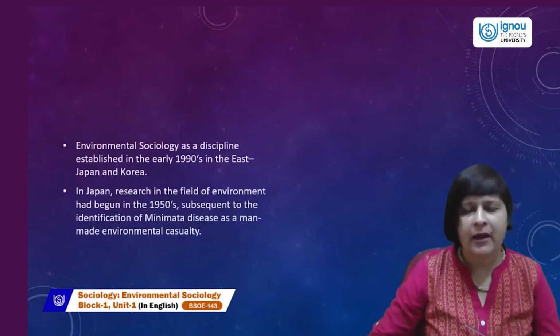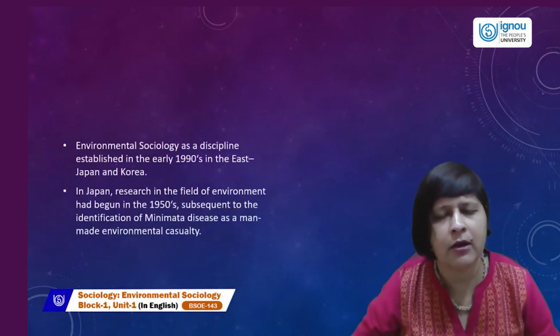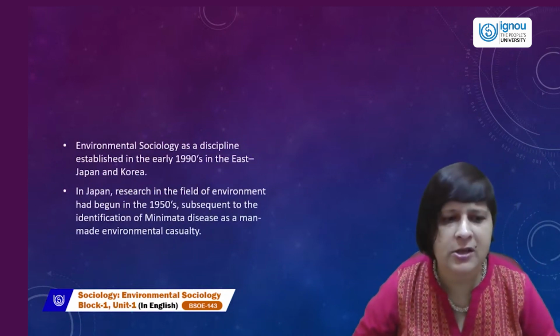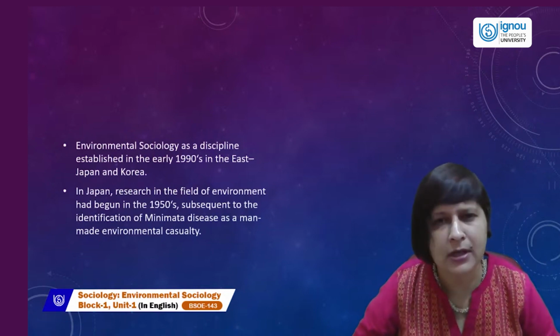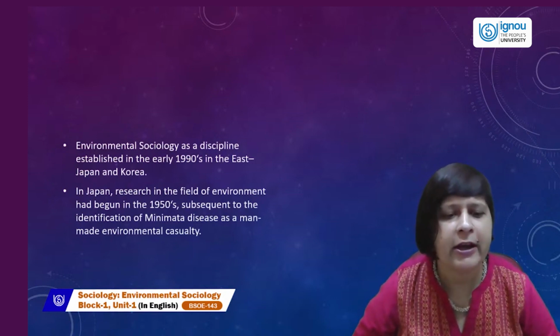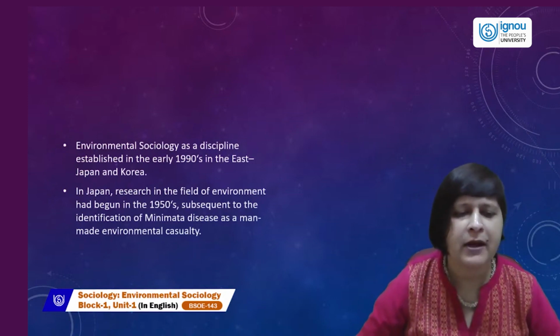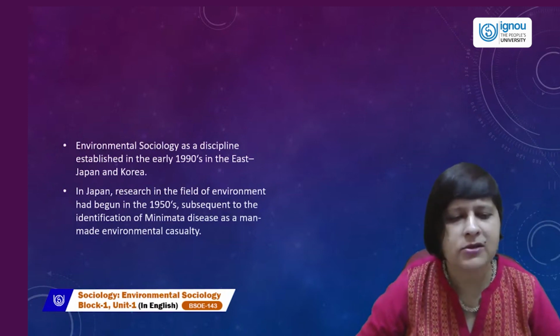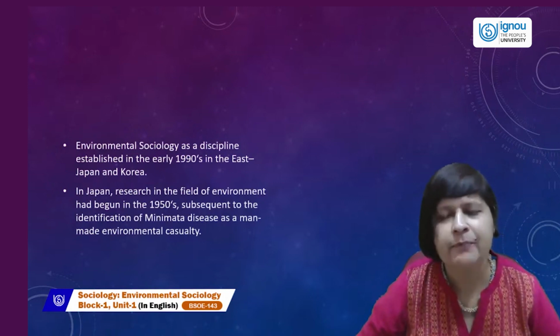See, in Japan and Korea, although environmental sociology started as a discipline in the 1990s, in the 1950s Japan started research in the field of environment. Why? Because of the identification of Minamata disease.